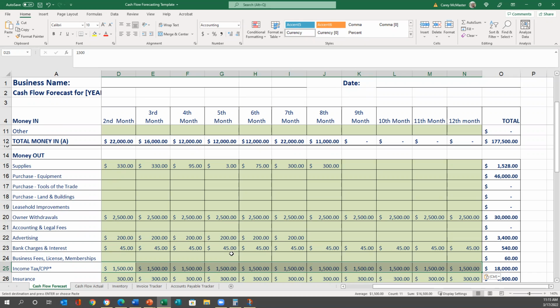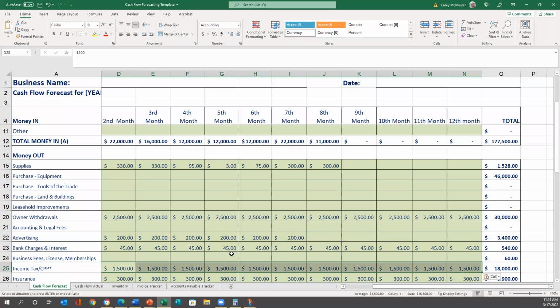And then at the end of the year, when I have to remit my HST and I have to remit my taxes, then hopefully I have set aside enough money in this savings CRA account to be able to pay the government. Companies really get into trouble, especially the first couple of years, because they may have collected HST and they may have to pay income tax at the end of the year, but they haven't put it in a separate account.